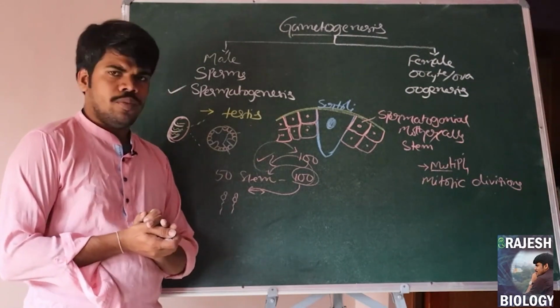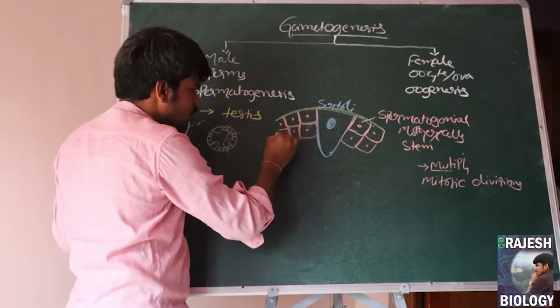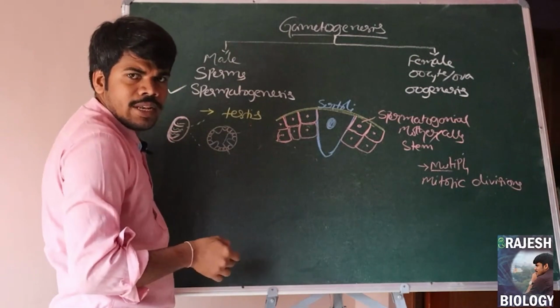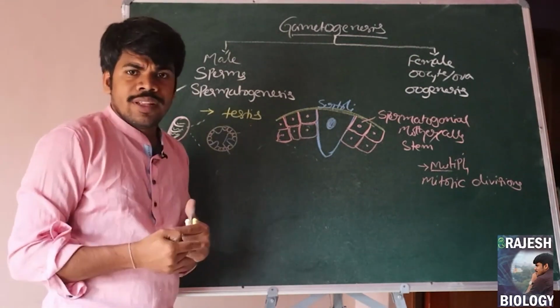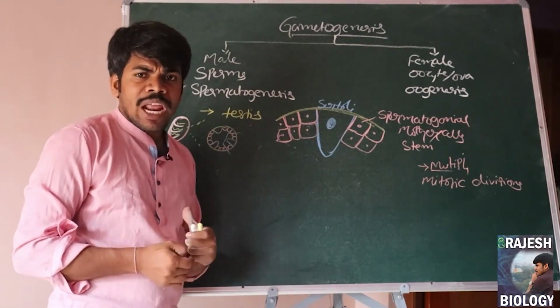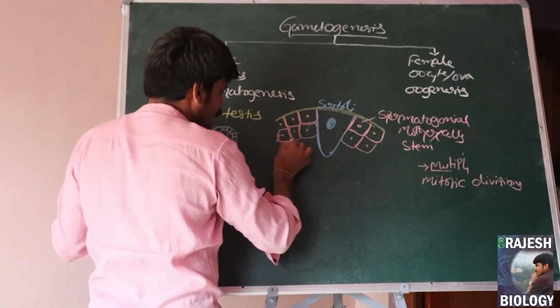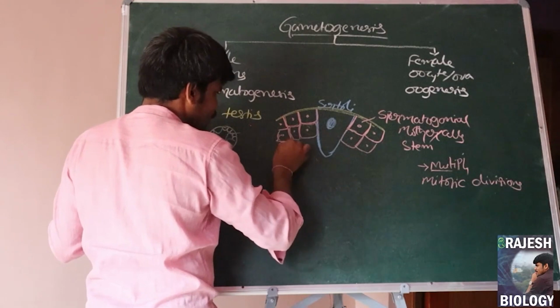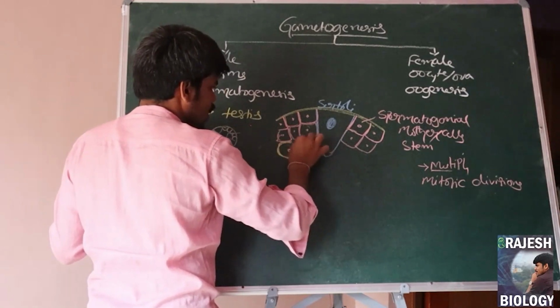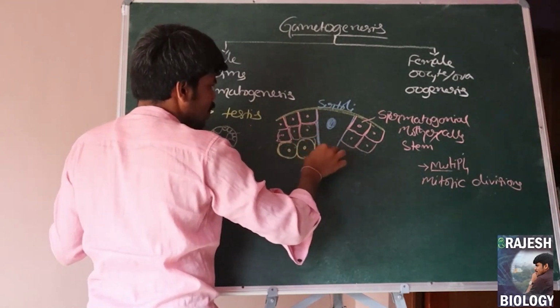Now, these newly formed spermatogonial mother cells grow in size and become the primary spermatocytes. They become large and are ready to form primary spermatocytes.